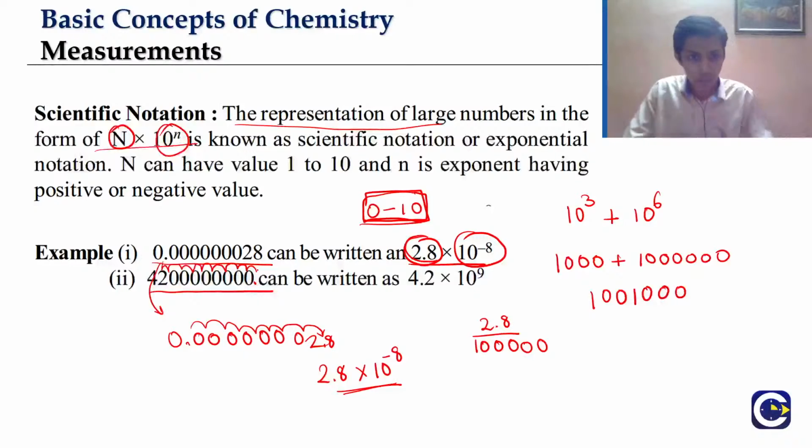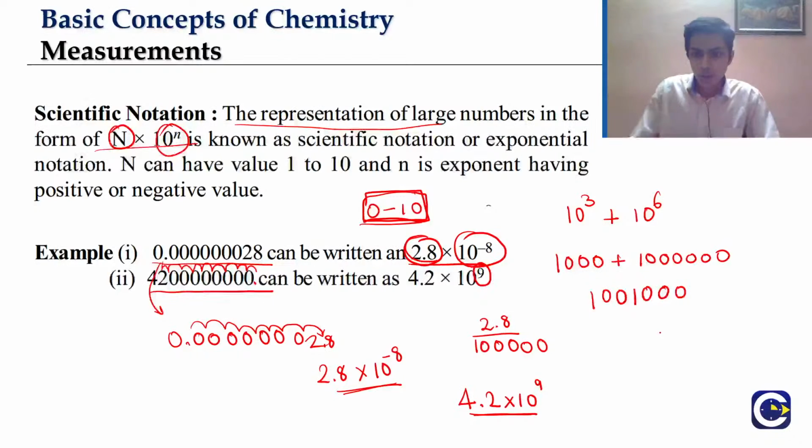So when I'm moving it to the left, it will become plus 9, because I'm moving it with 9 decimal places. 1, 2, 3, 4, 5, 6, 7, 8, 9. So it will be 4.2 into 10 power 9. Yes, getting it?